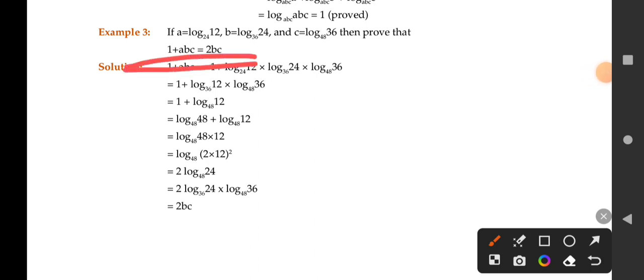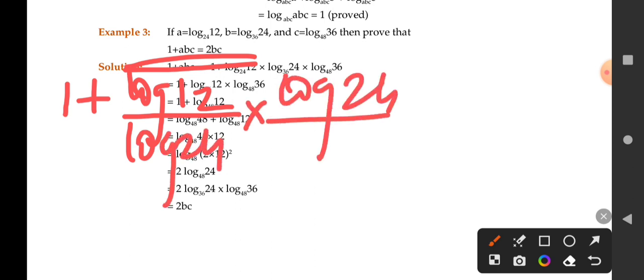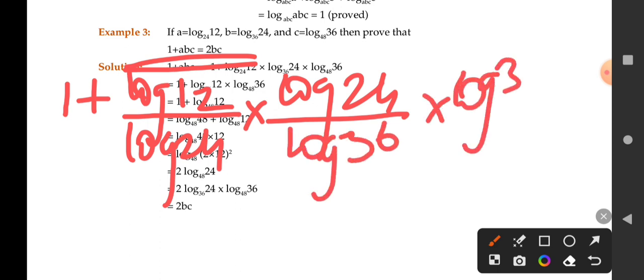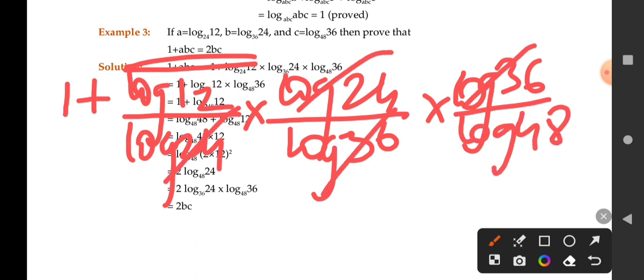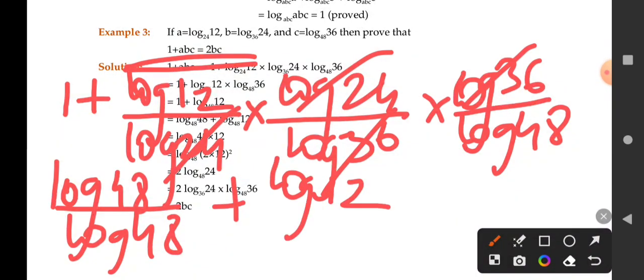Okay. Next example number 3. Prove this equation. So we have 1 plus A is log 12 divided by log 24 into log 24 divided by log 36 into log 36 divided by log 48. So let's cancel the common. So we have log 48 divided by log 48 can be written as 1 plus log 12 divided by log 48.